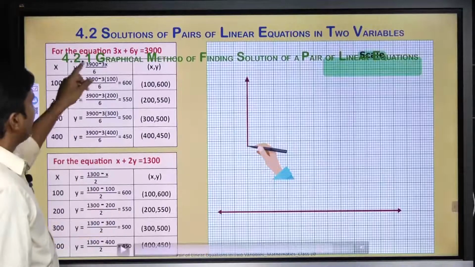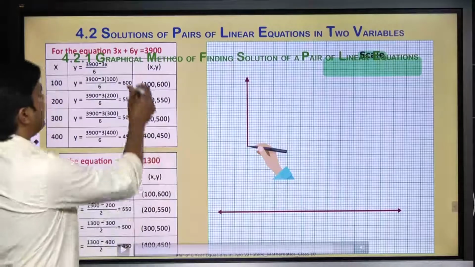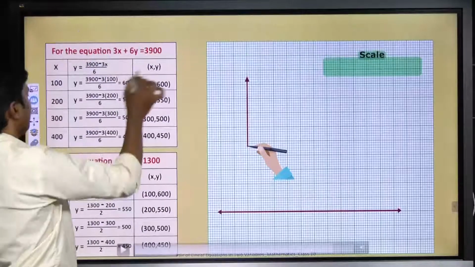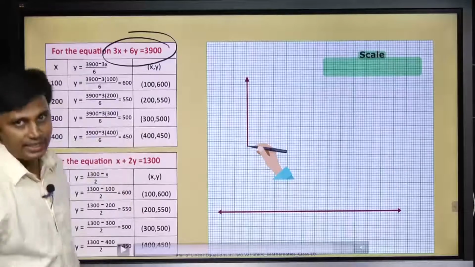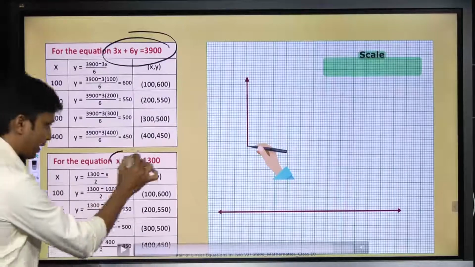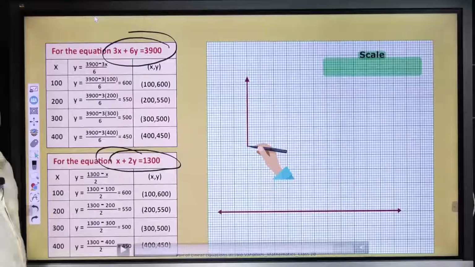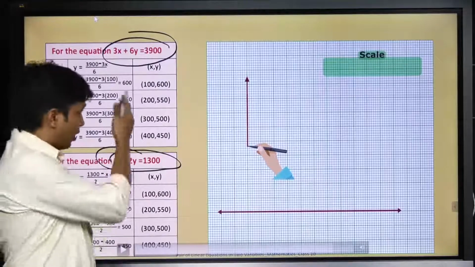The first one is 3x + 6y = 3900, and the second equation would be x + 2y = 1300.